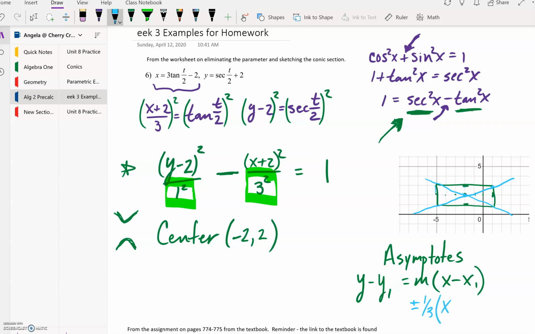And then the x coordinate of your vertex was a -2. And the y coordinate of, not your vertex, I'm sorry, your center of your hyperbola was 2. So these are the equations of your asymptotes. And the last step for drawing your graph would be to actually draw the hyperbola itself.